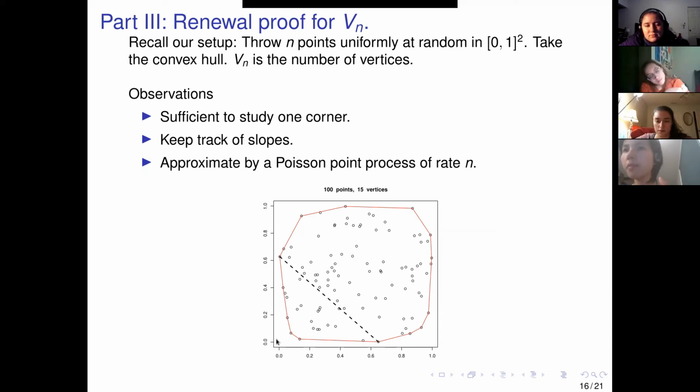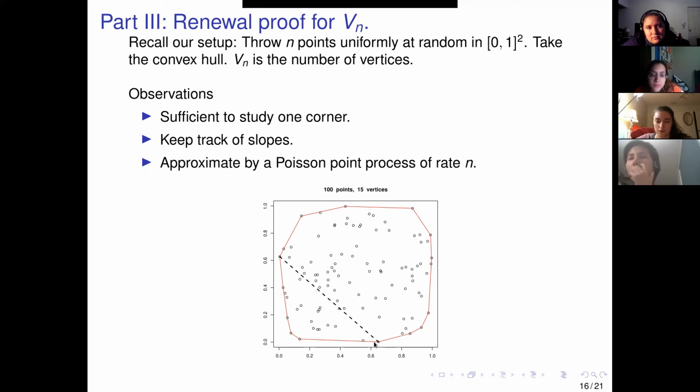So from the corner, I can only discover vertices of my polytope that lie between the most vertical and the most horizontal one from that corner. But I can repeat this trick for all corners. From this corner I discover everything from here to here, and from this corner everything from here to here, and so on.